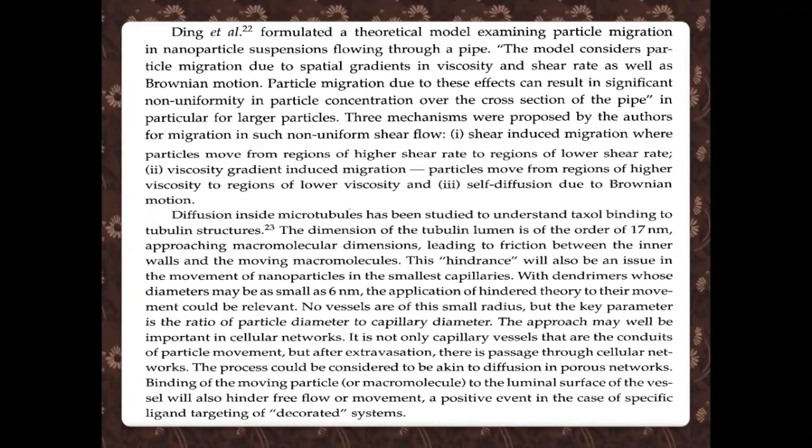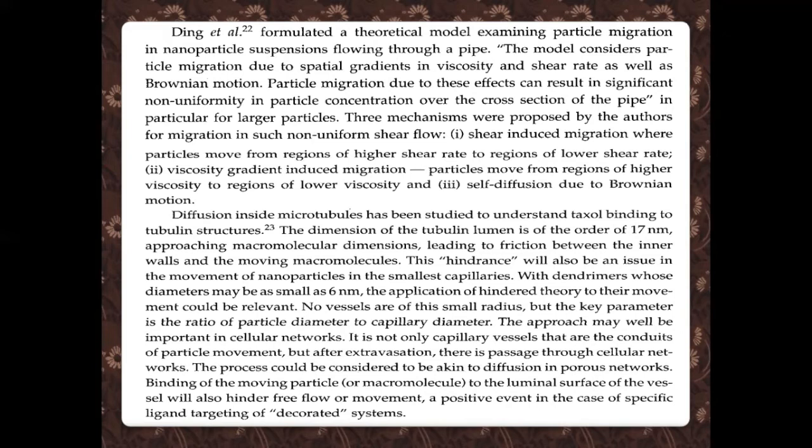So only blood capillaries have that small a radius, but the key parameter is the ratio of particle diameter to capillary diameter, that is the diameter of the particle and the diameter of the blood capillary. Both are very important key factors.